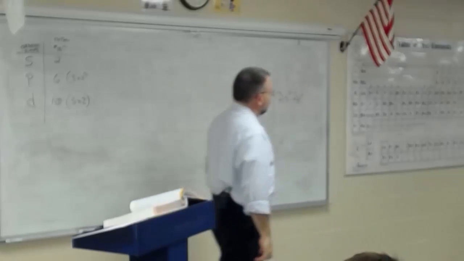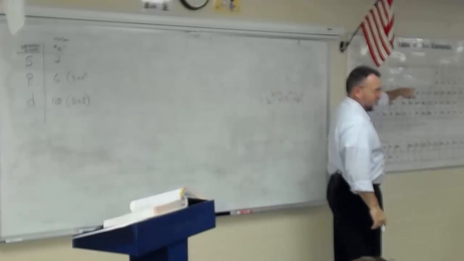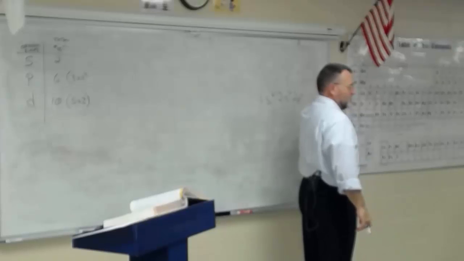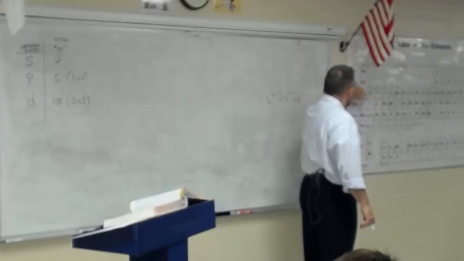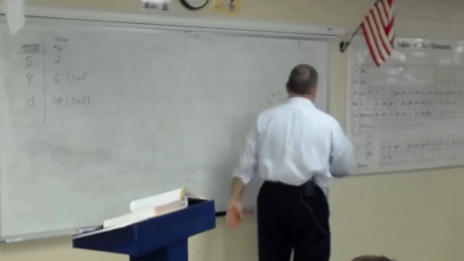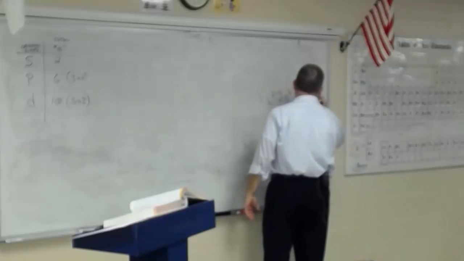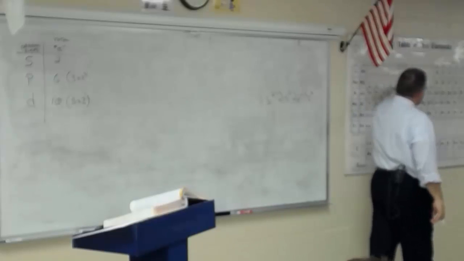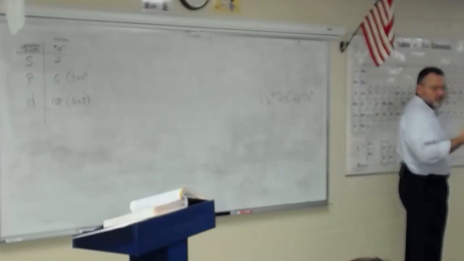We're not done because we're not at aluminum yet. Start back over at the beginning again. We were at 2, now we're at 3. 3s1 and 2. We have to account for both of those. 3s2. Continuing across, boom, aluminum. We're home.